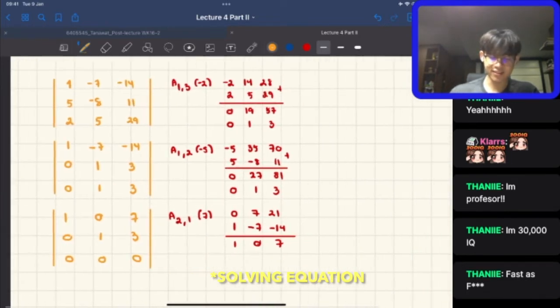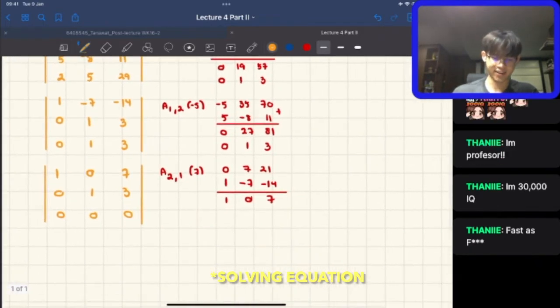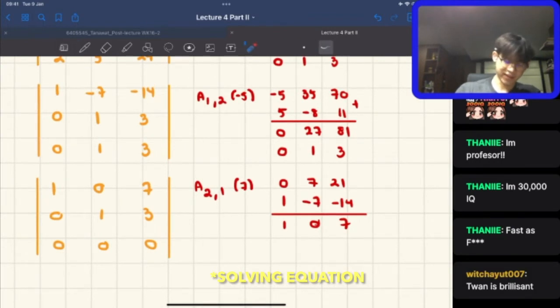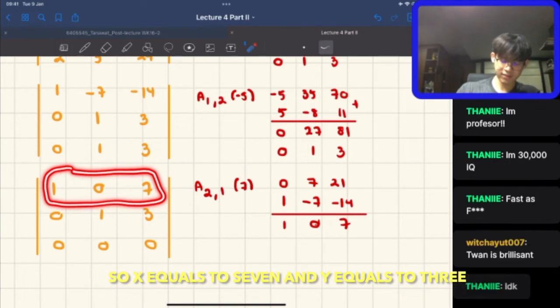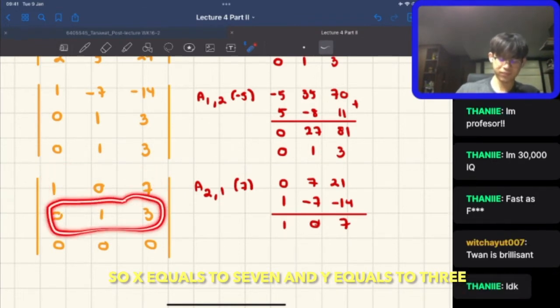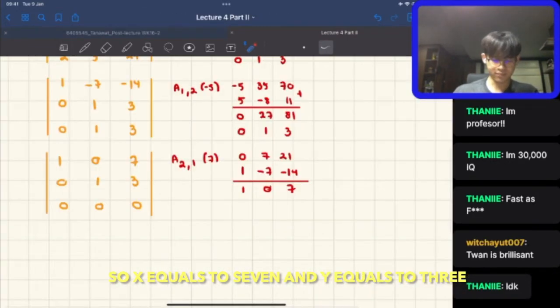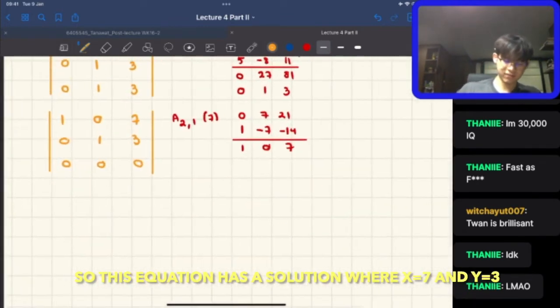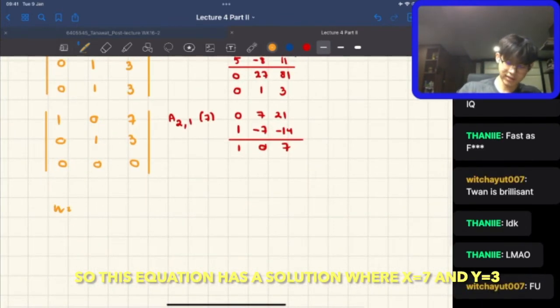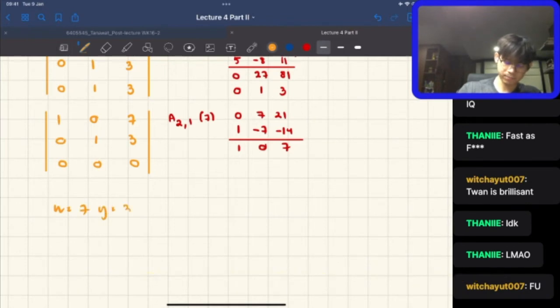What is the value of x and y? The values here are x equals 7, y equals 3. There is a solution for this equation where x equals 7 and y equals 3.